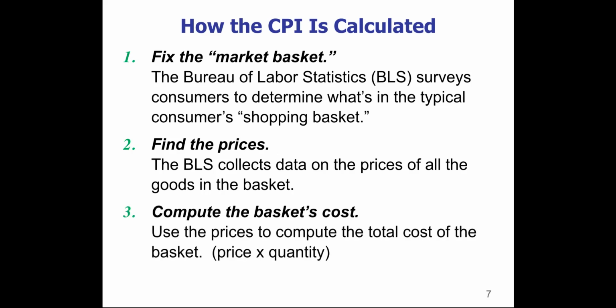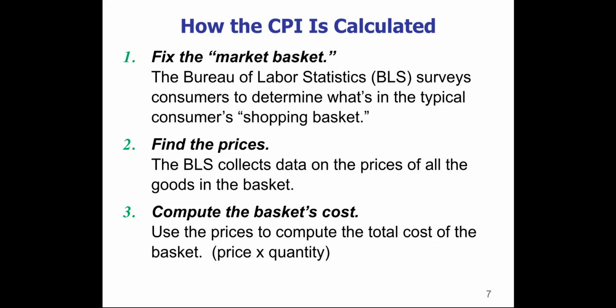Once you have the prices, you have to figure out how much that shopping basket would have cost. So that's price times quantity. So if you take the average price of a car or an average price of a grocery store item and multiply it by how many units they put into the market basket.